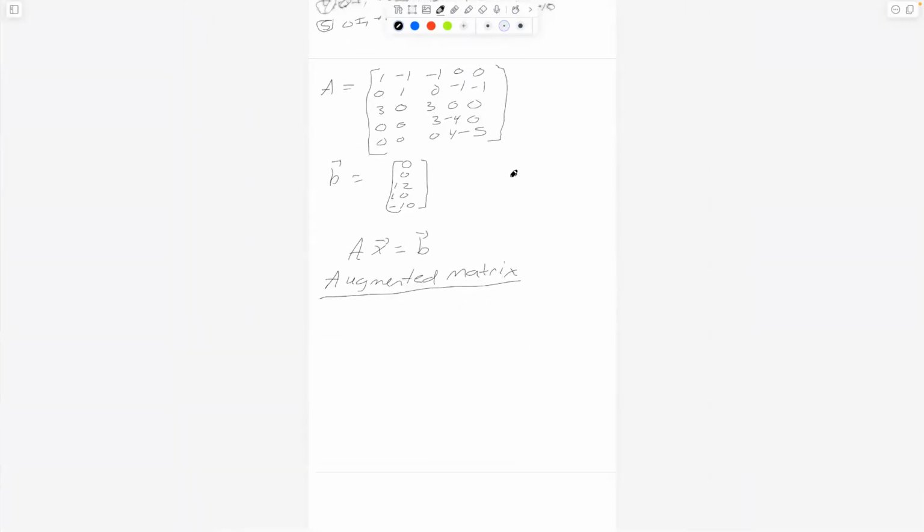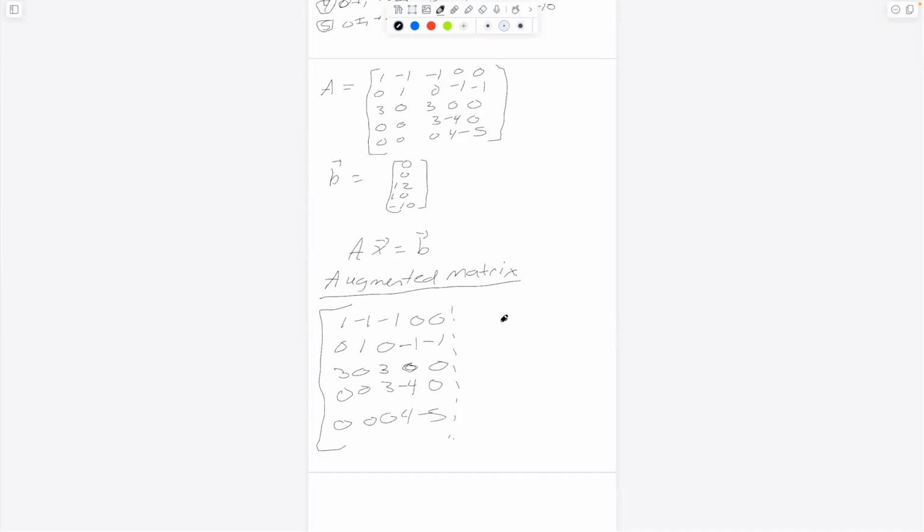I'm just recopying the matrix A here, and then I'm going to put in this dashed line.